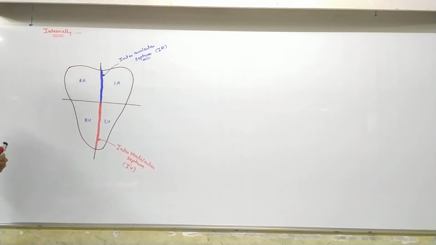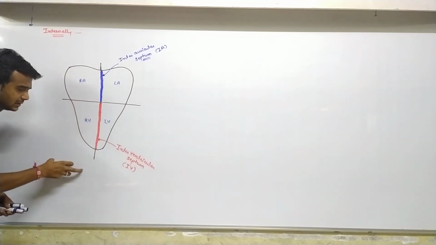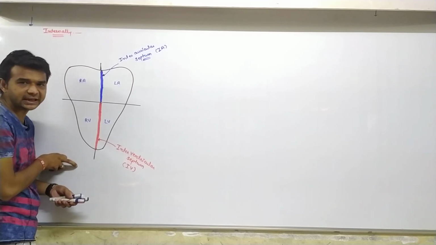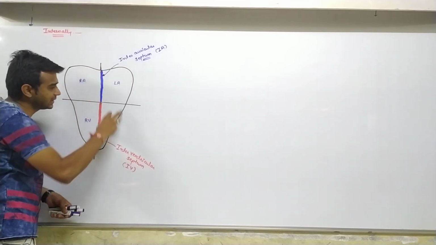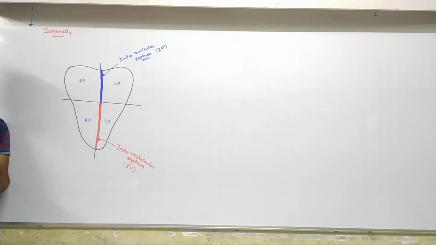And between the two ventricles is the interventricular septum. You know that the right side of the heart possesses deoxygenated blood and the left side of the heart contains oxygenated blood. So both bloods cannot mix in any way. That's why, to prevent the mixing of oxygenated and deoxygenated blood, septums are there.